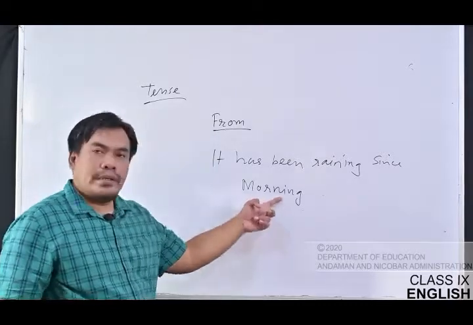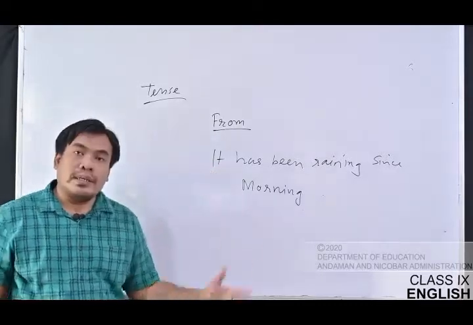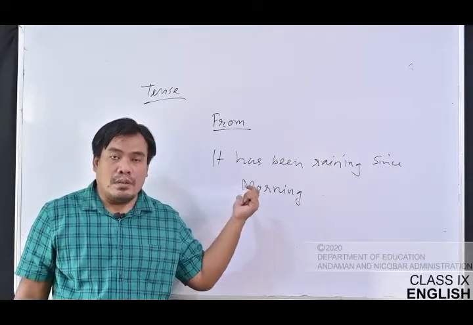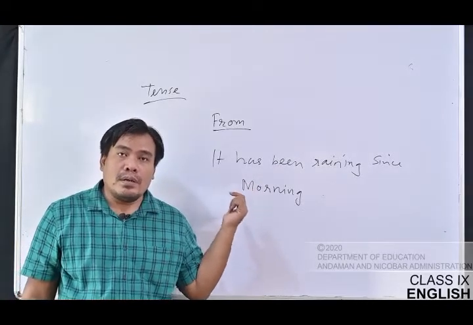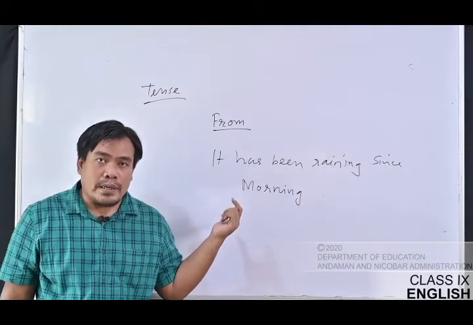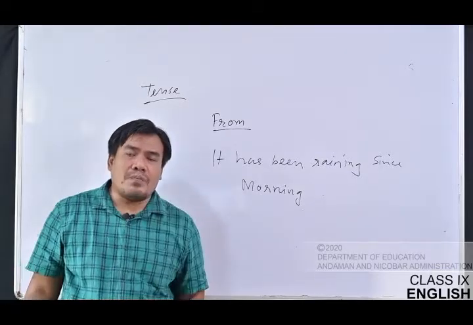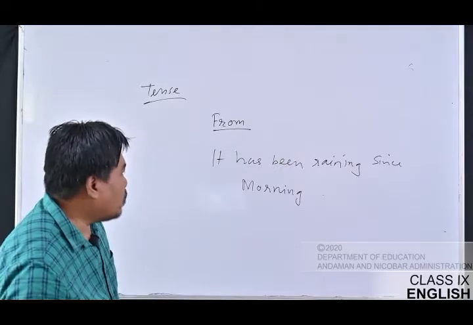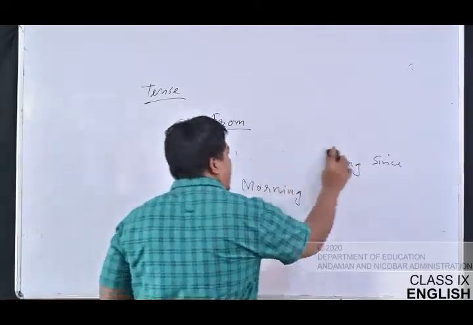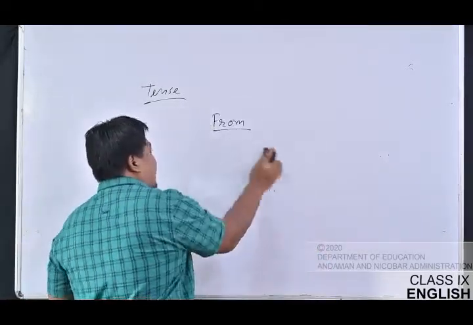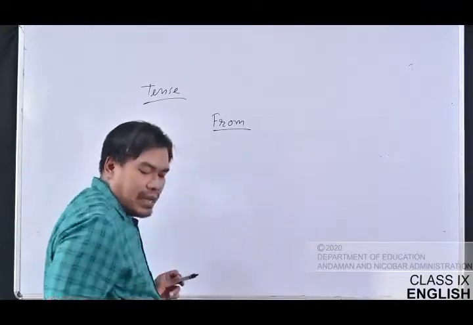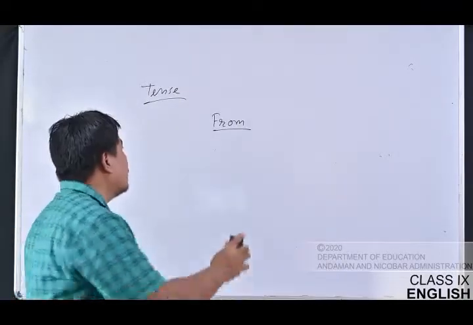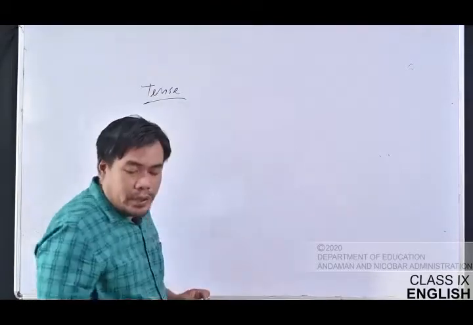This is supposed to be the present perfect continuous tense. Not it's raining from morning. That would be incorrect. So it's not from, obviously, it's since. Okay, instead of writing from, you just have to write since. Okay, let's move on to the next one.